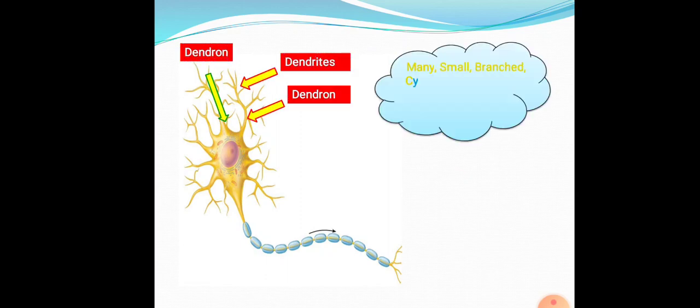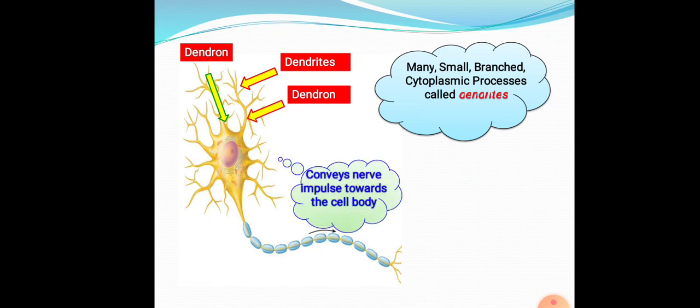Here you can see the dendron, and the branches of the dendron are called dendrites. Dendrites are many small branched cytoplasmic processes. The main function of the dendron or dendrites is to convey the nerve impulse towards the cell body.